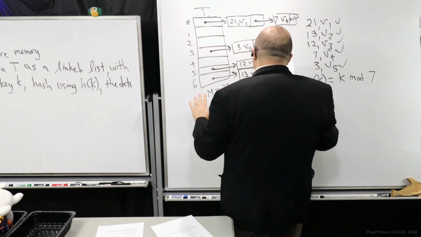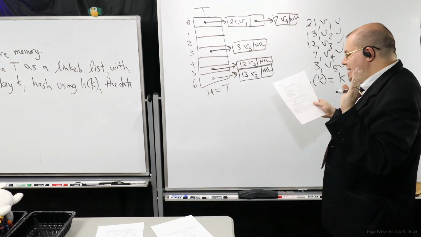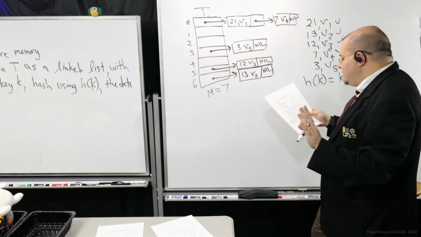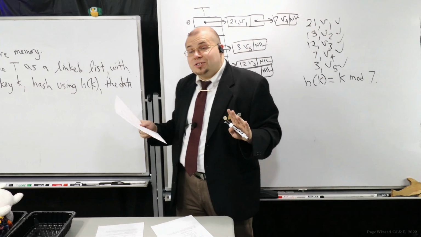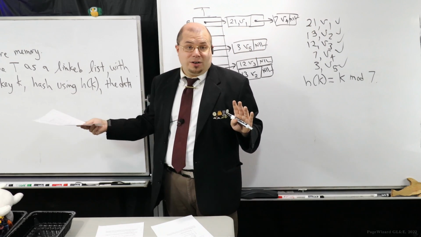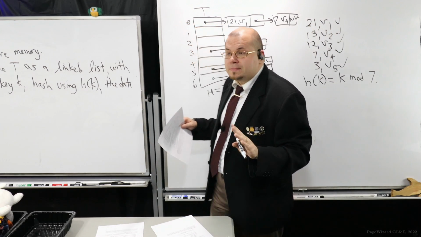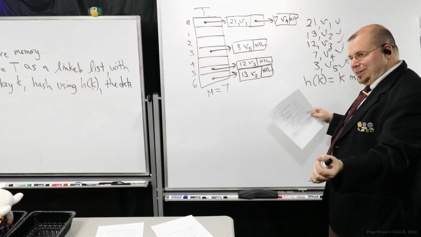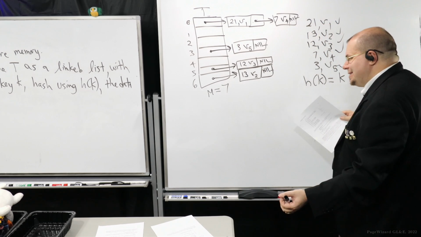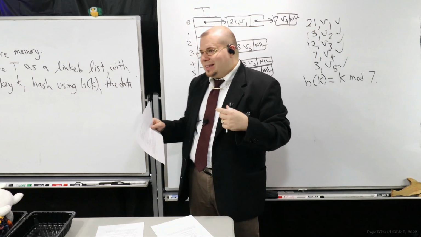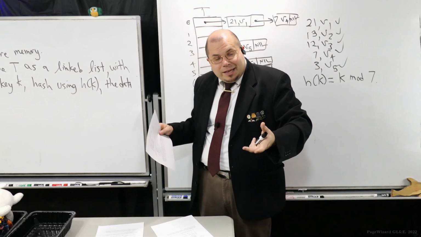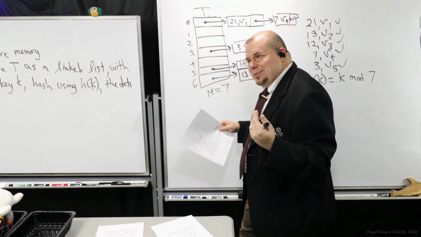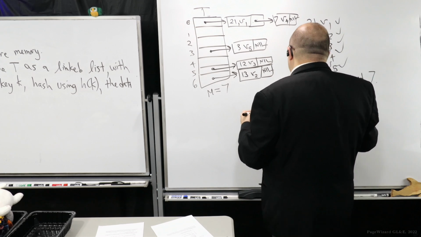So I must stress that doing insertions and removals is not any different than doing insertions and removals on a linked list, as I talked about at the beginning of the session. All you have to do is traverse the linked list and do the insertion if you don't have a duplicate. To do the removal, you just find that record in that given list and perform the removal from a linked list. It's no different.